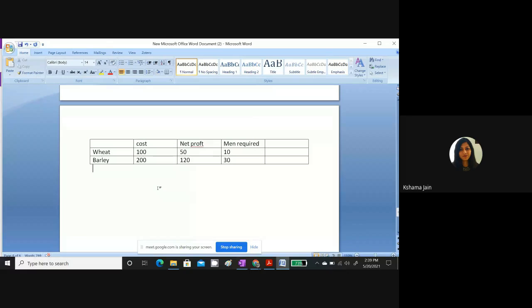The farmer has a budget of $10,000 and availability of 1,200 man days during the planning horizon.